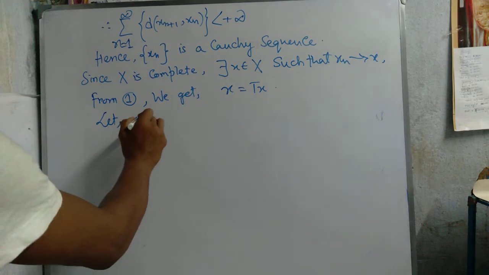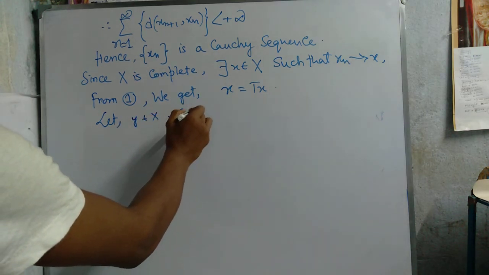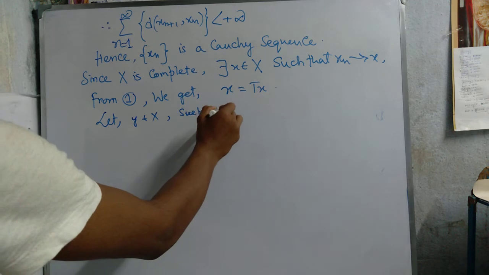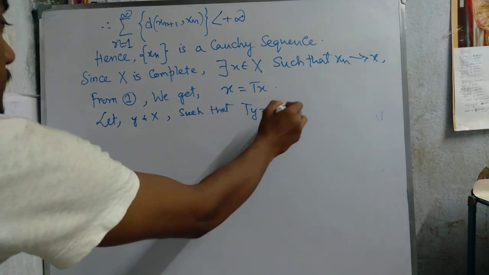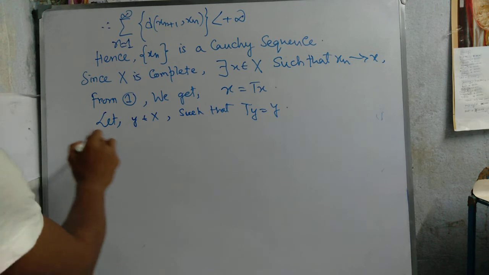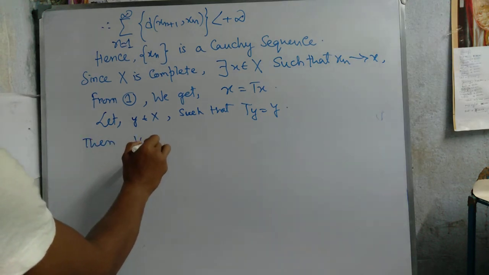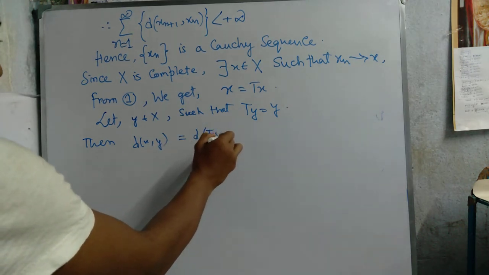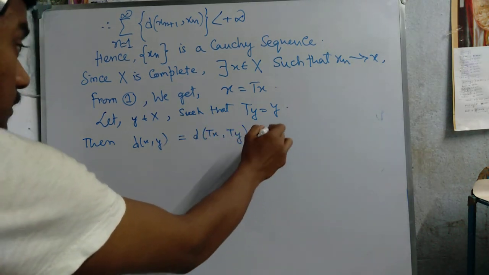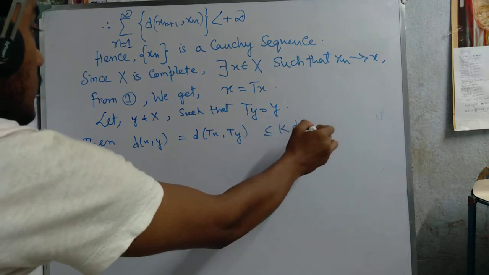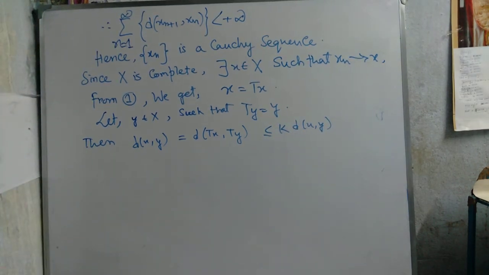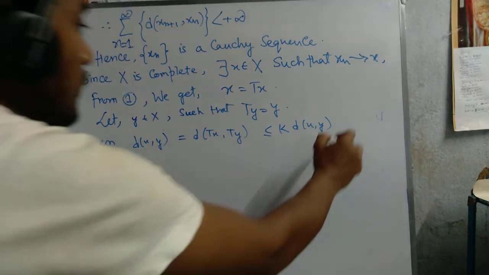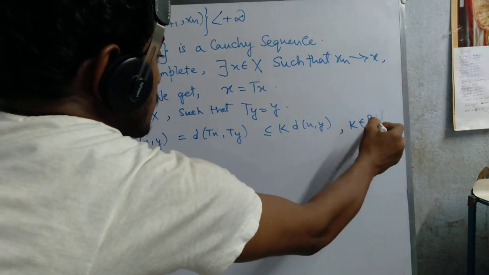Let y belong to X such that Ty equals y. Then d(x, y), the distance of x and y, equals the distance of Tx and Ty, which is less than or equal to k times the distance of x and y, where k belongs to [0, 1).